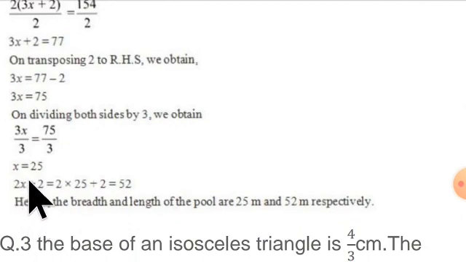That is breadth. Now length we will find: 2x plus 2 is equal to 2 into 25, in the place of x we will put 25. 2 into 25 plus 2 equal to 50 plus 2, so equal to 52. Hence the breadth and length of the pool are 25 meter and 52 meter respectively.